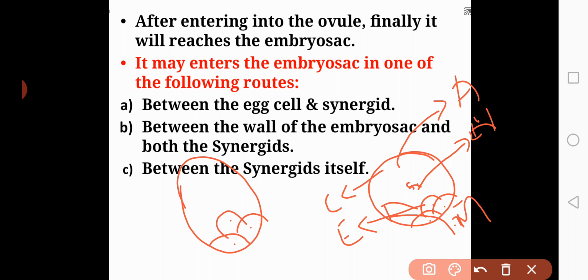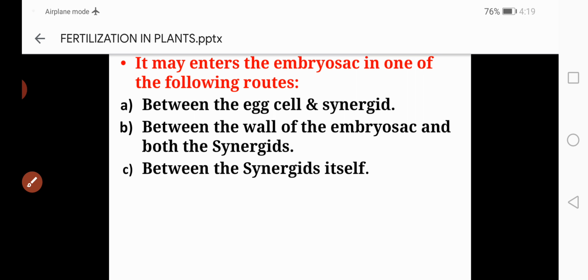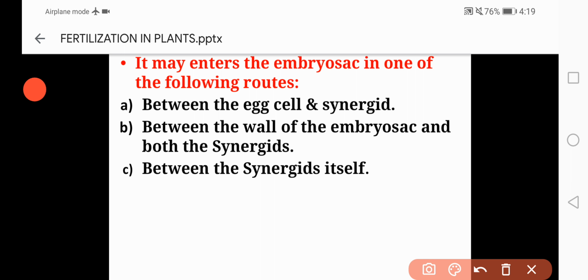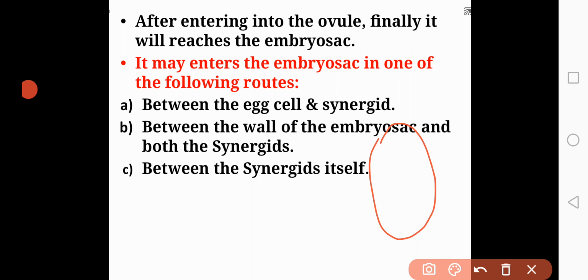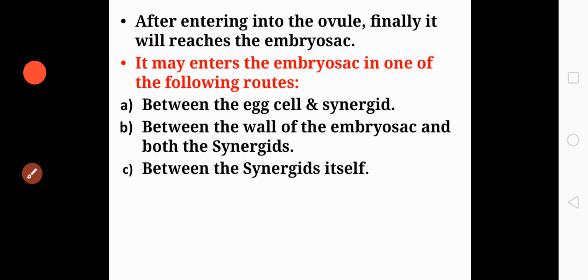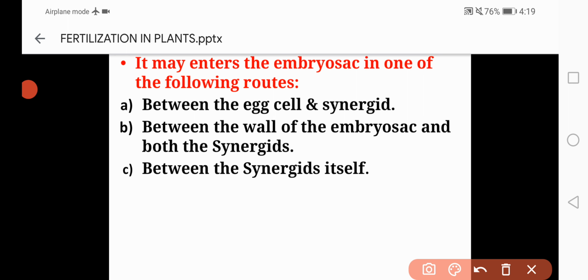So now the pollen tube enters the embryo sac between the egg cell and the synergid, or through the synergid itself. Let us consider this is the embryo sac. So the entry may be through the synergid itself, or between the wall of the embryo sac and both the synergids.